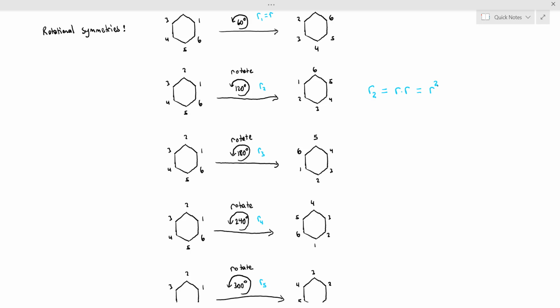Similarly, rotating 180 degrees counterclockwise is the same as rotating 60 degrees 3 times, so you can say it's equal to r cubed.